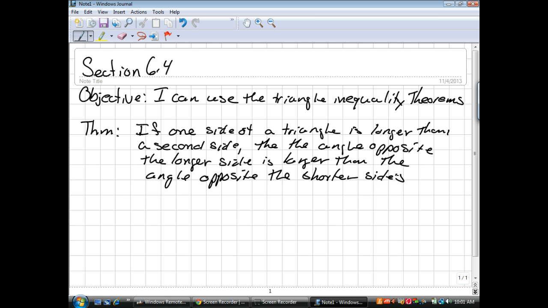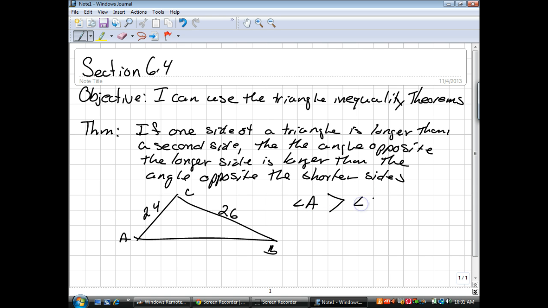Okay, so in other words, if I have triangle ABC, and I know that BC has a length of 26 and AC has a length of 24, well, then I know that angle A has to be greater than angle B, because angle A is opposite the longest side.